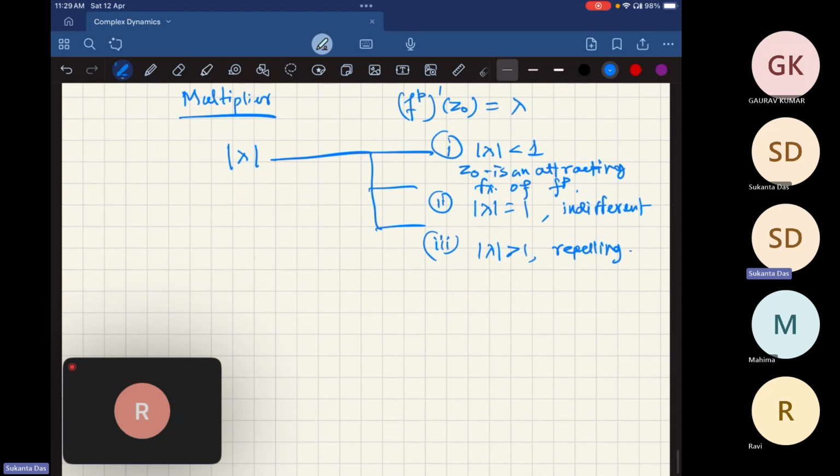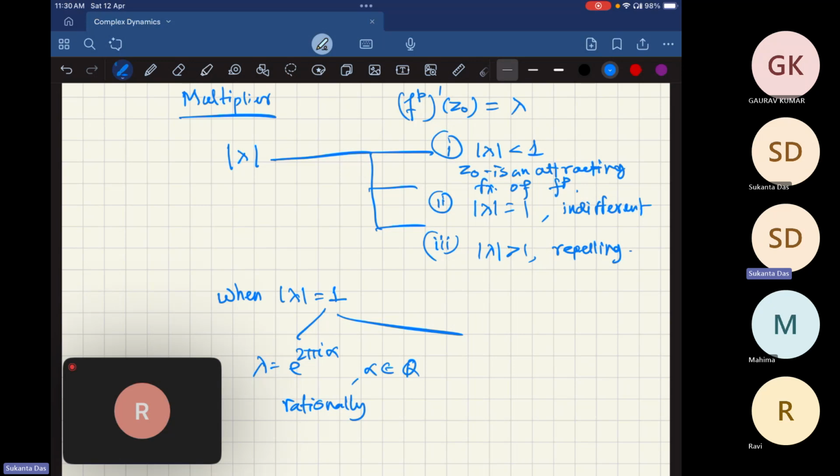And there are also two more classifications when mod lambda is equal to 1. So there are two cases. The first one is if your lambda is equal to e^(2 pi i alpha), and your alpha is a rational number, then I'll say this is rationally indifferent.